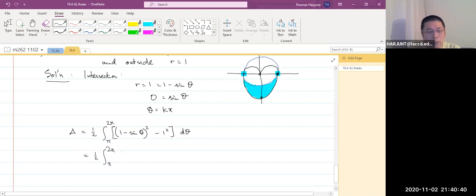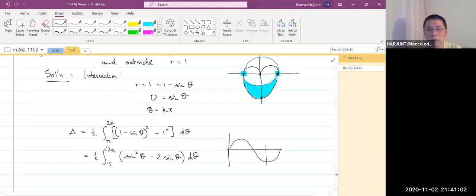So I will end up with sine squared theta minus 2 sine theta. In quadrants 3 and 4, sine is negative.